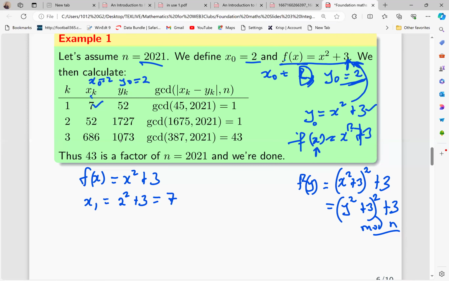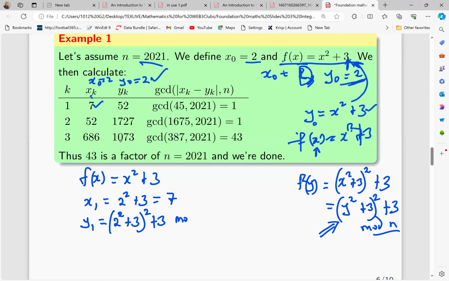So for me to get y1, according to this formula, I take my y just above, which is 2, our x naught, then square it, then add 3 to that result, then square the result, then add 3.